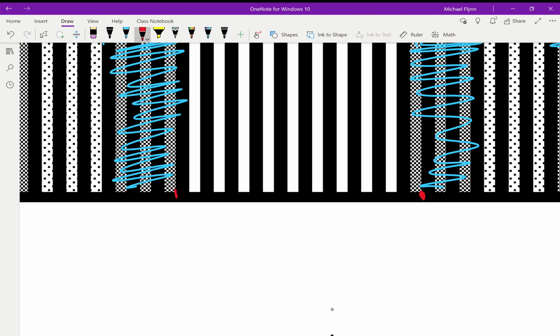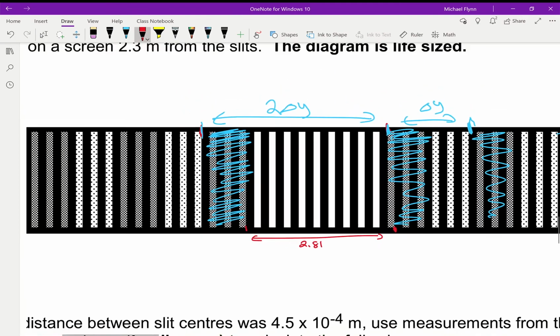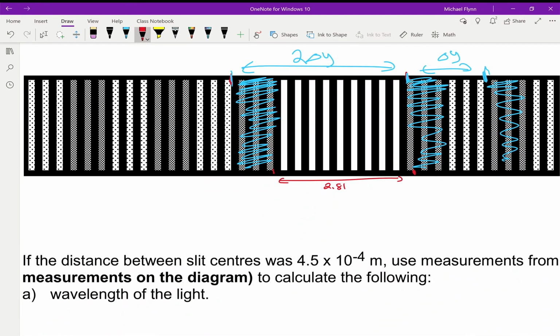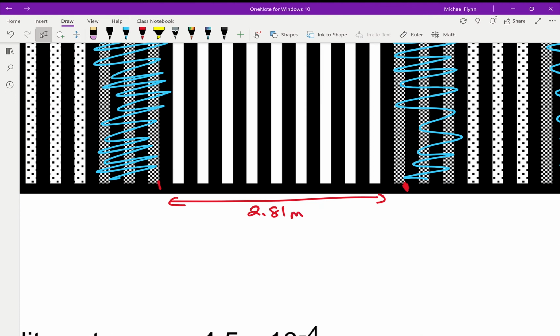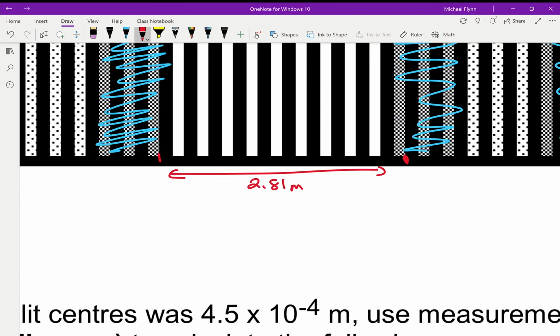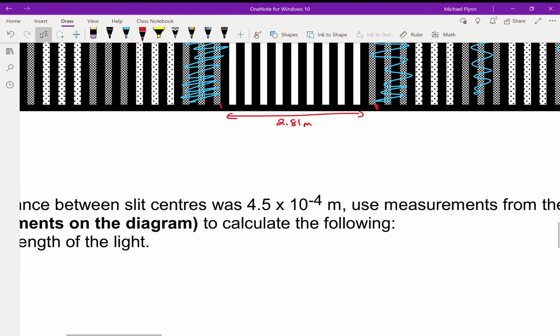Am I doing this right? I don't know. I think it's 2.81 meters. This is a huge pattern. But anyway, let's see if I got this right. I feel like it's not right at all. Let me try it again.